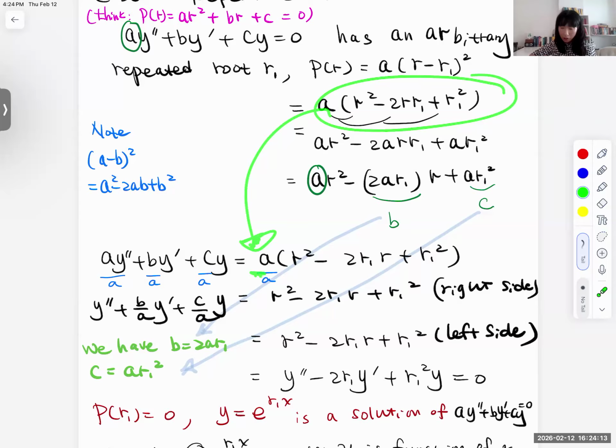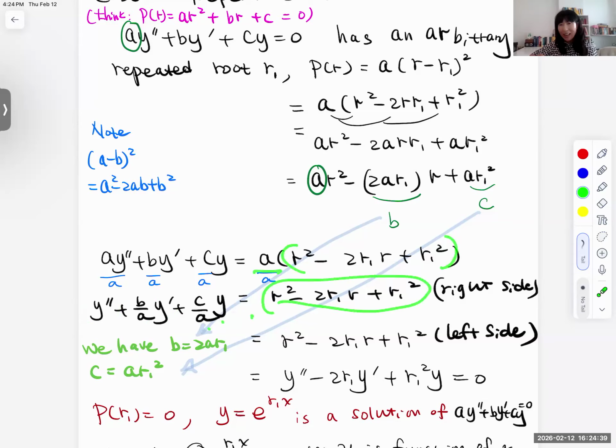Okay, so a times r squared minus 2 r sub 1 times r plus r sub 1 squared. Now we divide each term on both sides by a. Then we get y second prime plus b over a y prime plus c over a y equal to, on the right side, whatever is inside the parentheses.